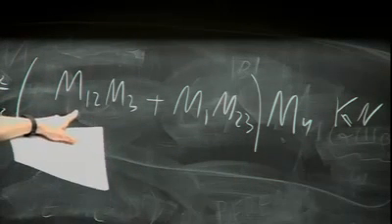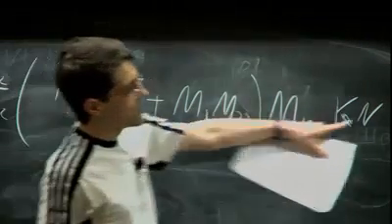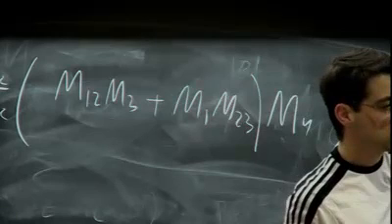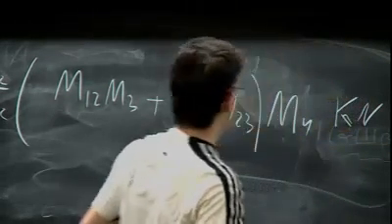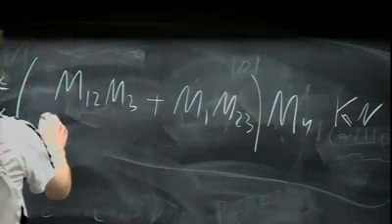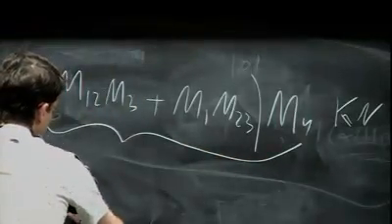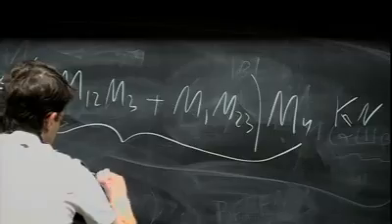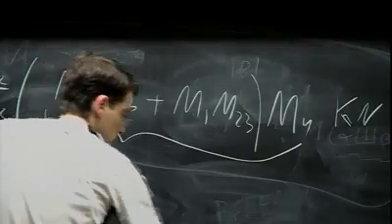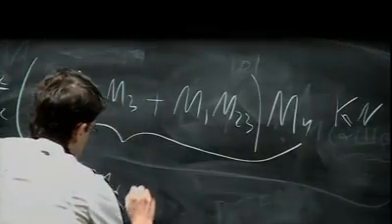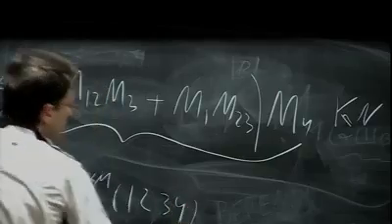But what is this guy here? We just computed, we just guessed the result. This one is precisely the 4-point Yang-Mills amplitude with this color ordering.